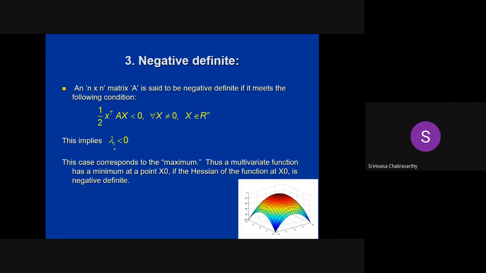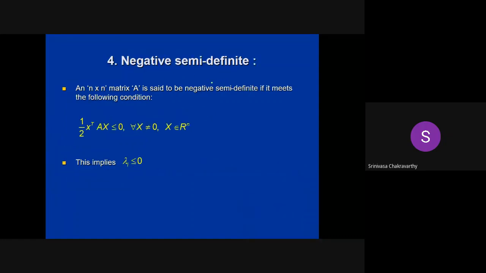Similarly, if the eigenvalues are all negative, we have seen that the function will be going down below 0. That means it will always be negative, so this function is less than 0 for all x not equal to 0. Such a matrix is called a negative definite matrix.